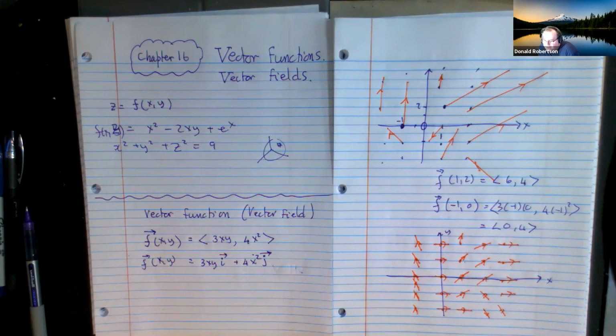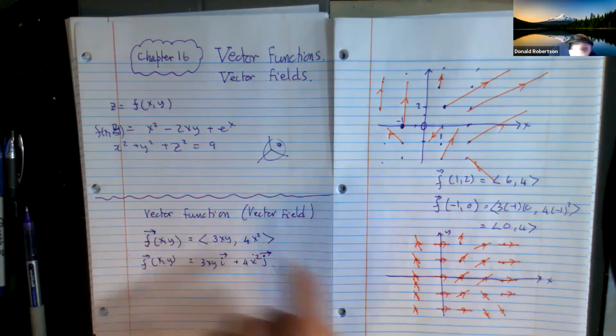So force field, magnetic field, velocity field, I guess if you had the wind moving, it might be called that. So if you see the word field at the end of something, there's a very good chance that they're going to use this kind of math to model it.